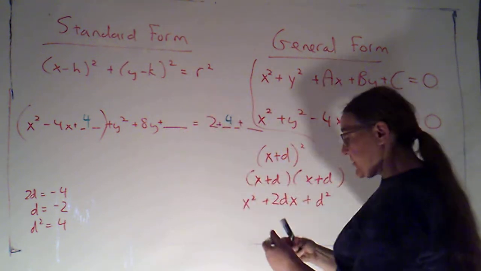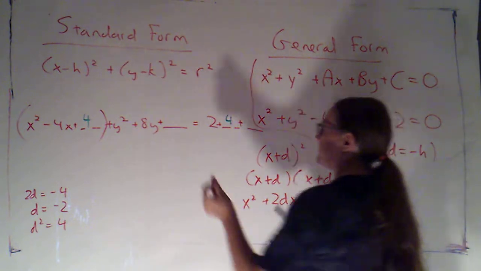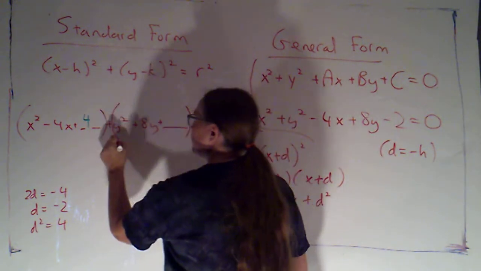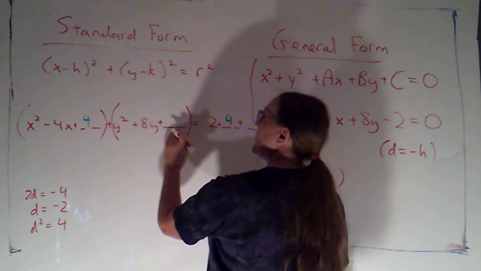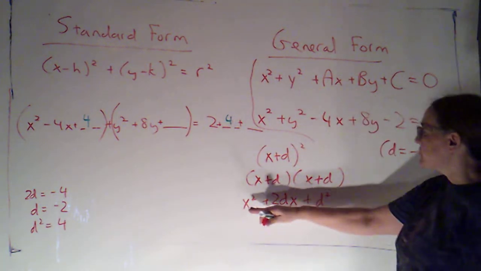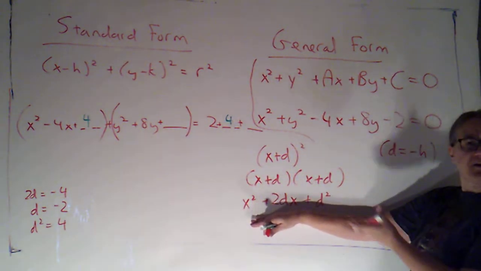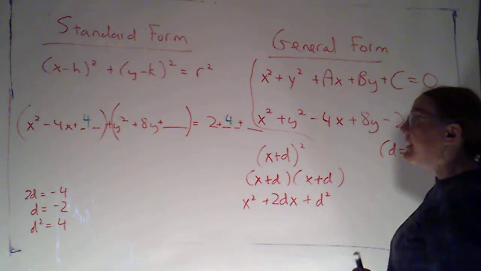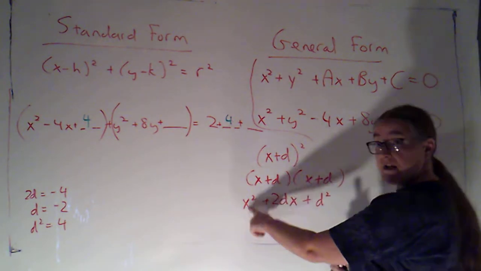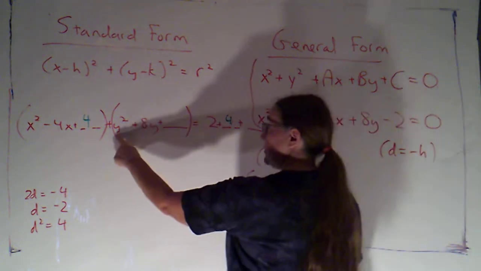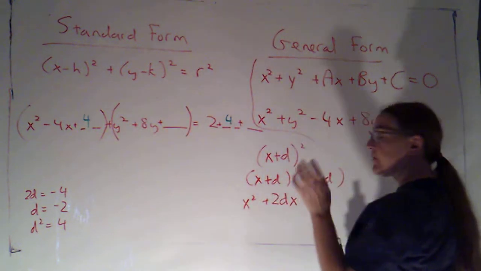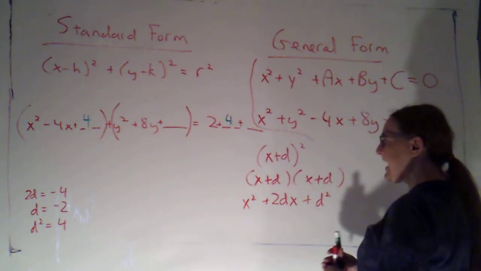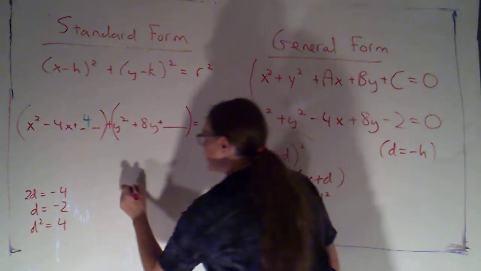Okay, so I'm trying to factor these 3 terms, y squared plus 8y plus some unknown number, trying to make that match this formula, obviously using y's instead of x's. In order for that to work, I need to have 1 copy of my squared term. Well, I do. The number of y's instead of x's that I want to have is 2d.